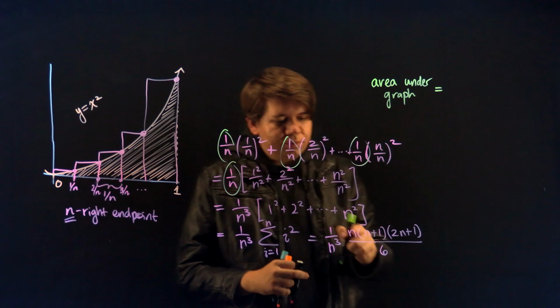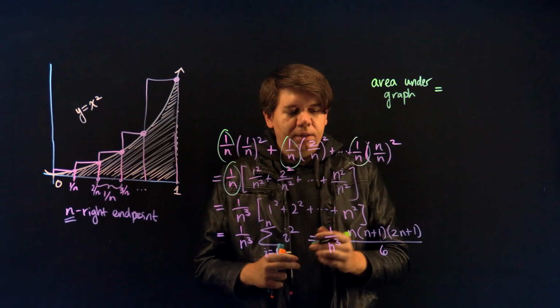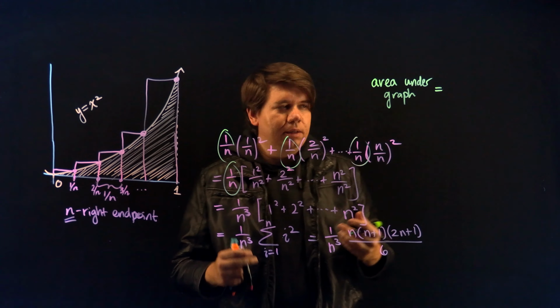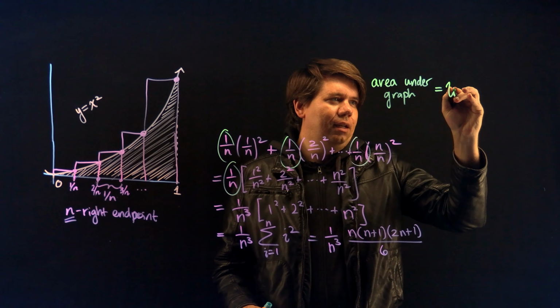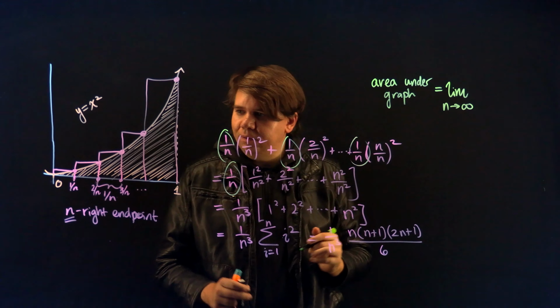Well, I could plug in really big numbers of n to get good estimates, but instead of just plugging in one particular big number, like 1,000 or 1,000,000, what I'm going to do is take the limit. The limit as n gets bigger and bigger going to infinity.